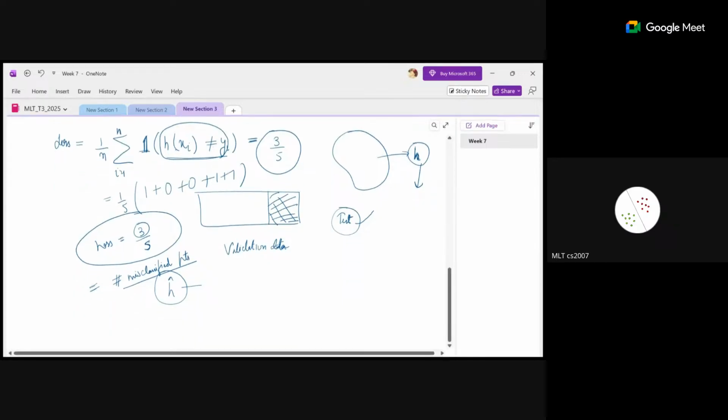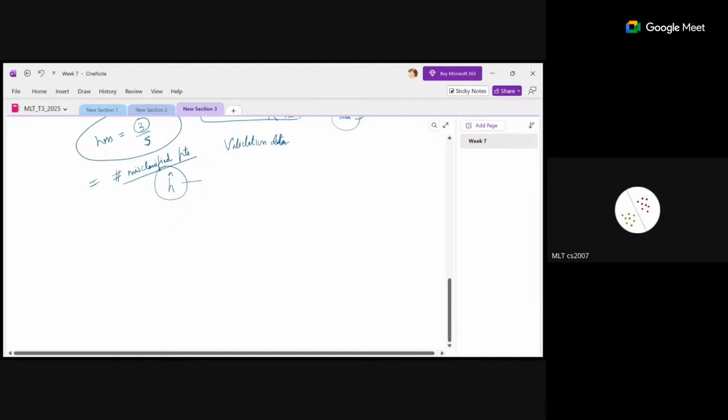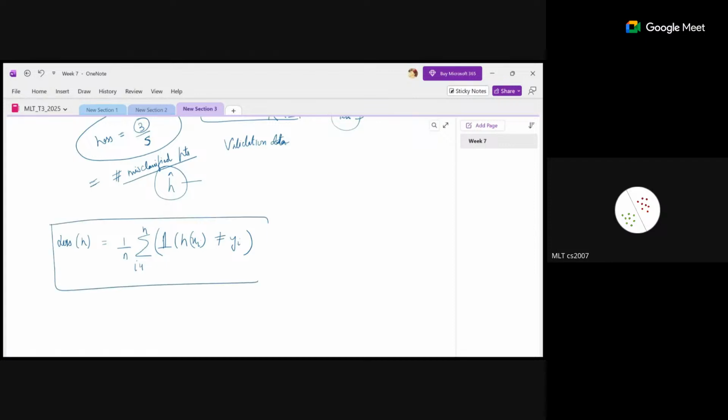So in general, the loss of a model is basically 1 upon n times the sum of the indicator of h of xi not equal to yi. This is the loss that we would want to minimize.